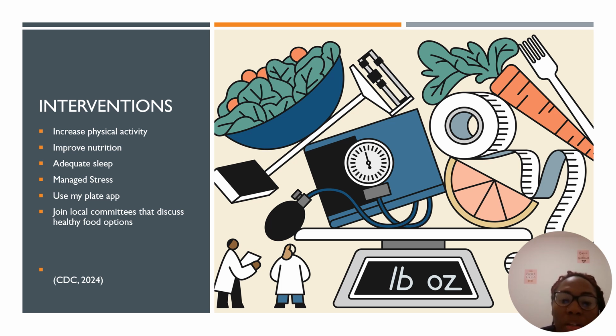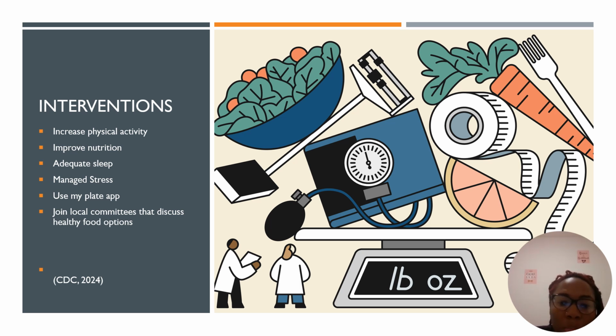Again, this goes with healthy food choices, making substitutes, cutting back on your meals, just different food options. Adequate sleep. Make sure you're getting enough sleep at night, at least 7 or more hours, so your body won't be under stress. The next one is to manage your stress. This can be hard, but try to manage your stress. Worry about what you can control and what you can't.